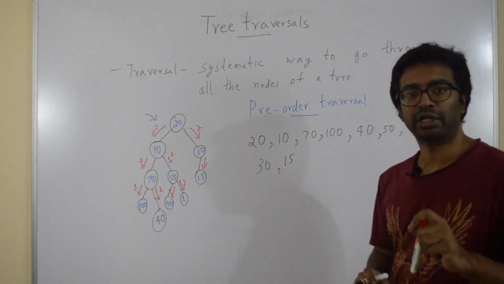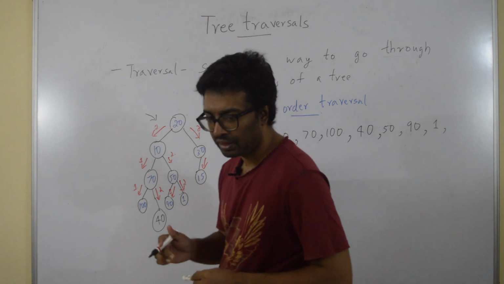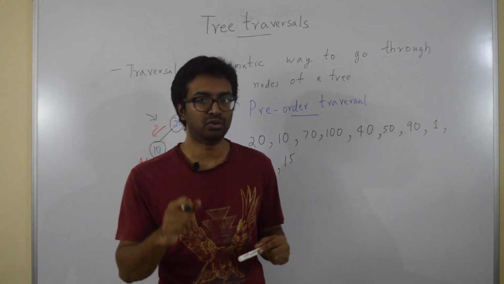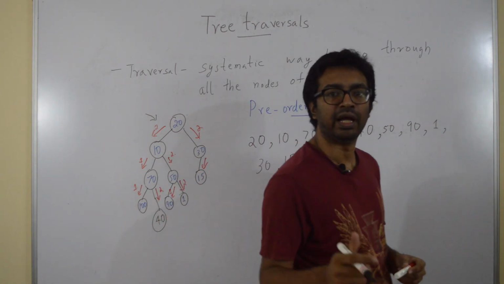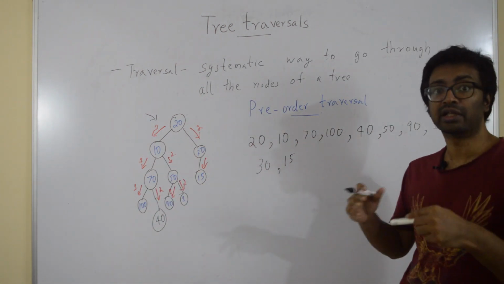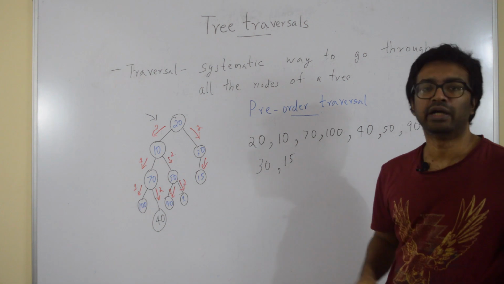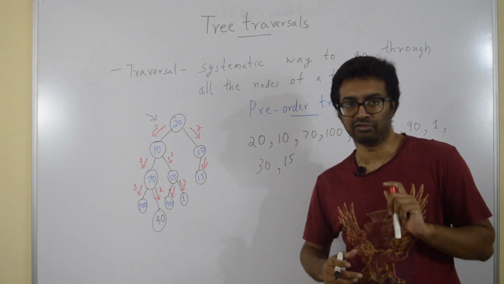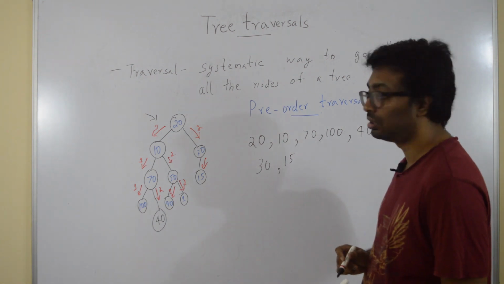Okay, so the next thing we will do is the following. I will write a function to do this pre-order traversal, and then we'll go through another example and see how the function is going to work in that example. Fine, right? Let's do that.